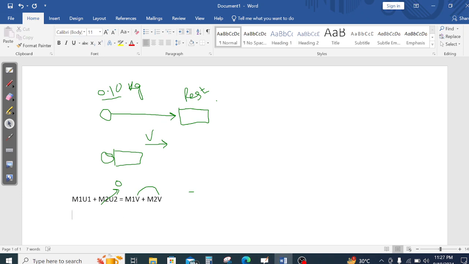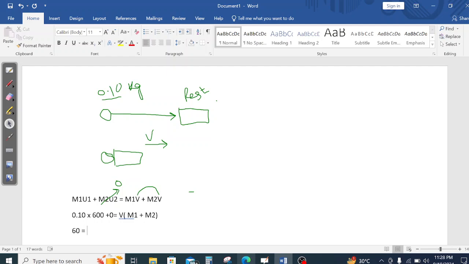So I will write 0.10 multiplied by 600 plus 0 is equal to, you take v common, and you get m1 plus m2 times v. Multiplying 0.10 by 600, you get 60.